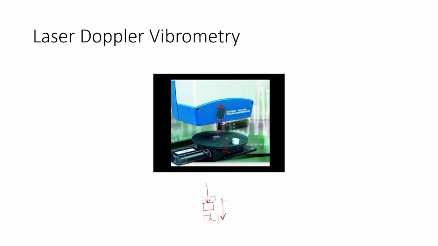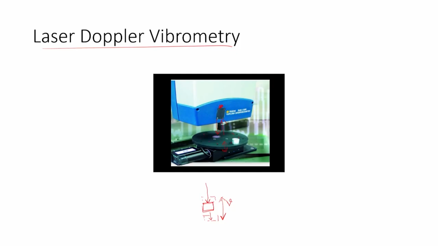By observing the change in the frequency shift of the reflected laser, because of the Doppler effect, you can actually measure the velocity of this particular object. Okay. So, if you have multiple such systems, you can measure the velocity not only at one point, but at multiple points of a system. This technique is known as laser Doppler vibrometry. It is a very accurate technique.